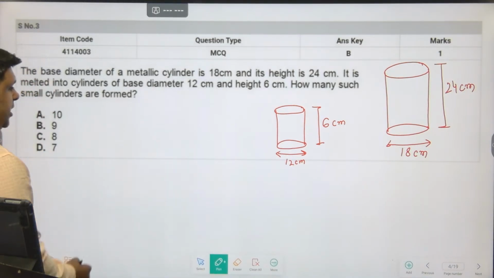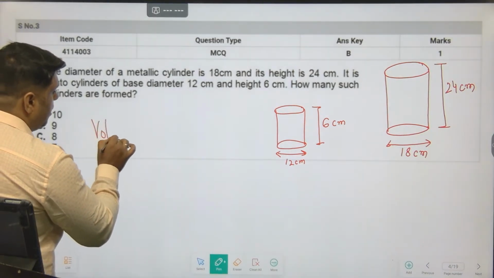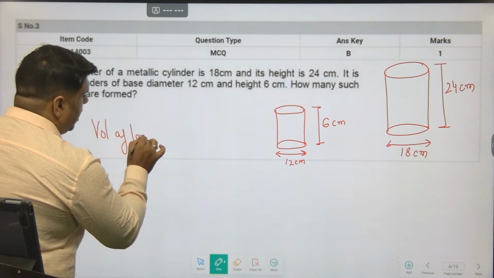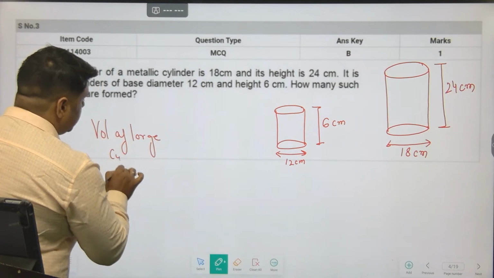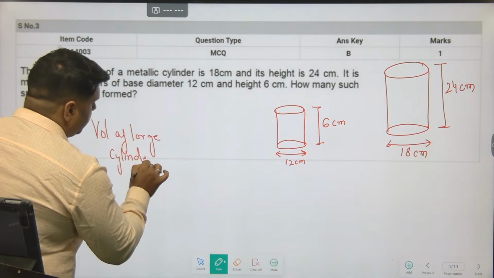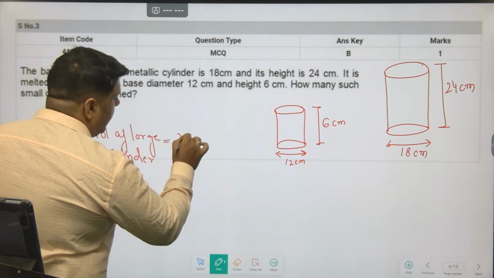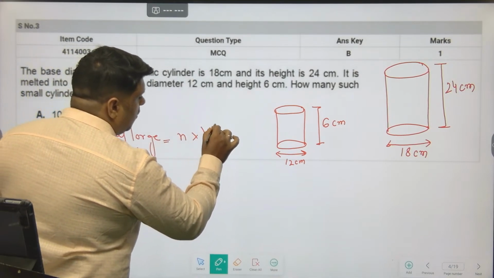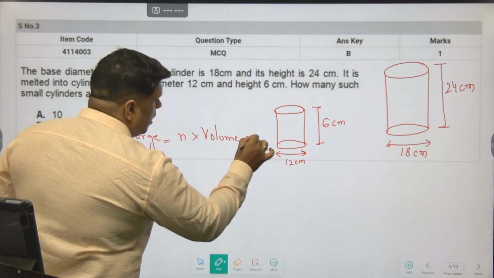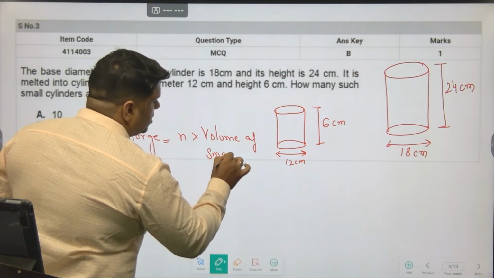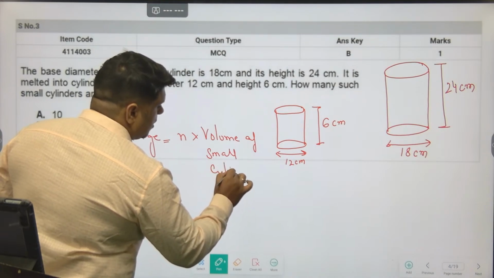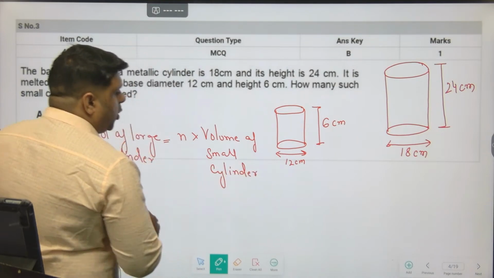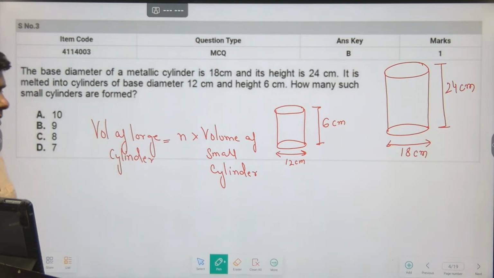One thing is clear: the volume of the large cylinder must be equal to n times the volume of the small cylinder, because the volume is going to stay the same.